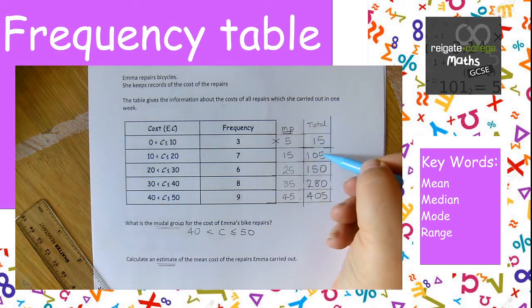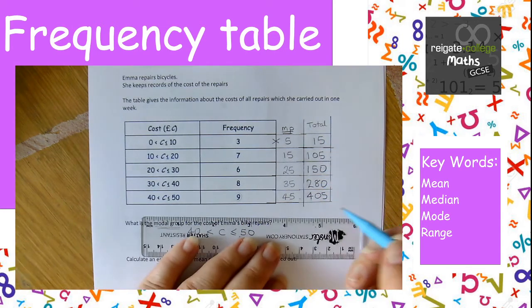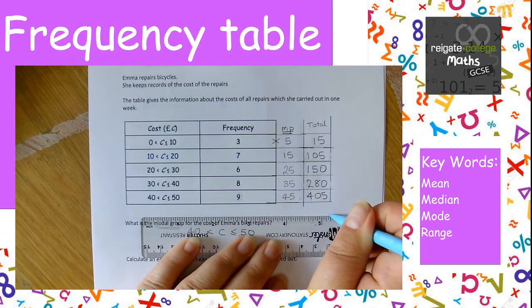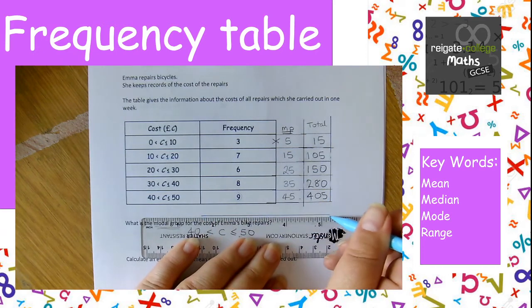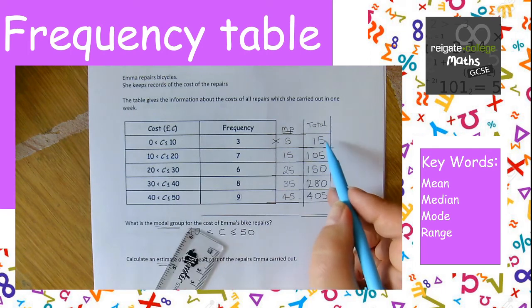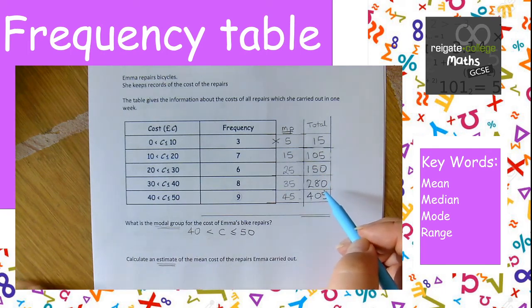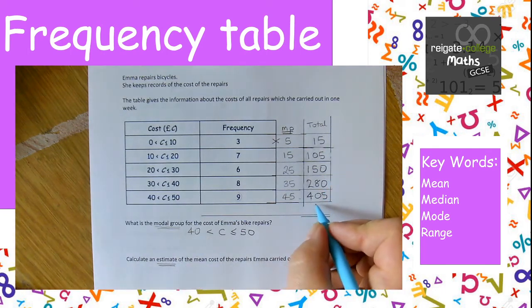So here we have the individual estimated spends. Our final calculation is to work out the total estimated spend by adding up the final column.